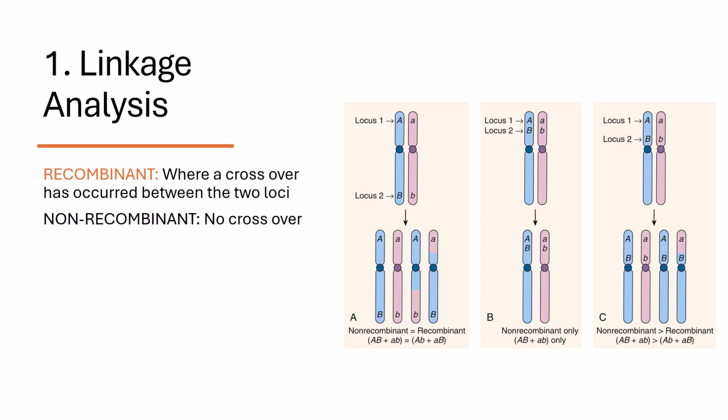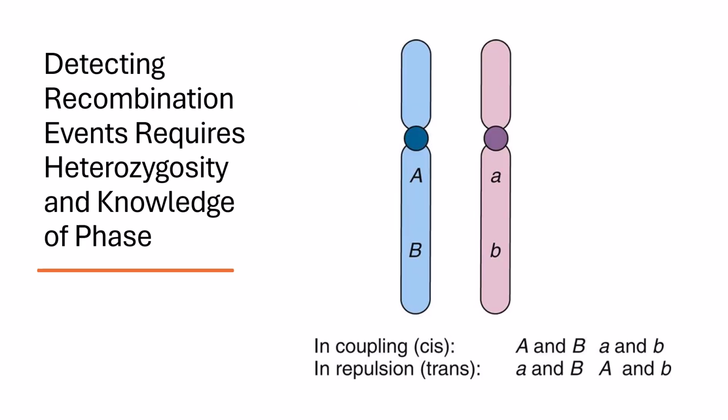But if there is a reasonable distance between those two loci, then there is a possibility that there could be non-recombinance as well as recombinance. If there is a large distance between these two loci, then it is possible that there is always a recombination that occurs between these two loci.